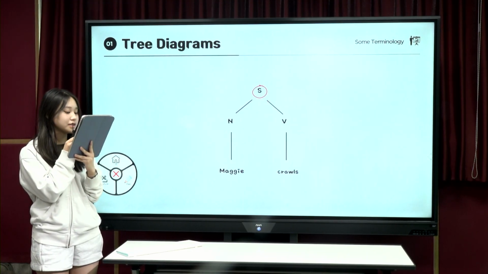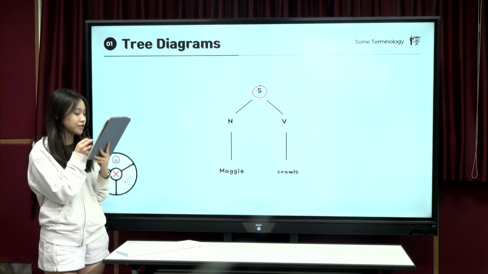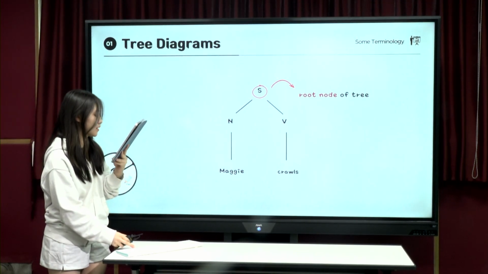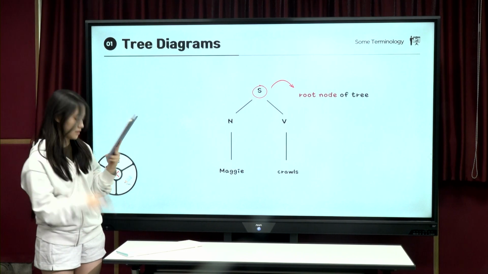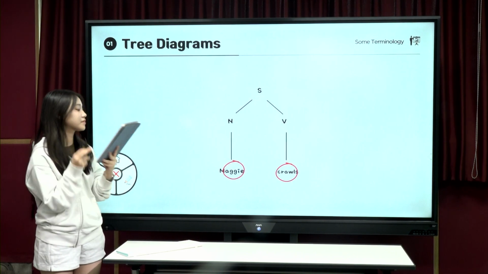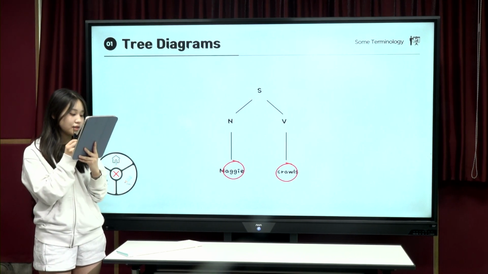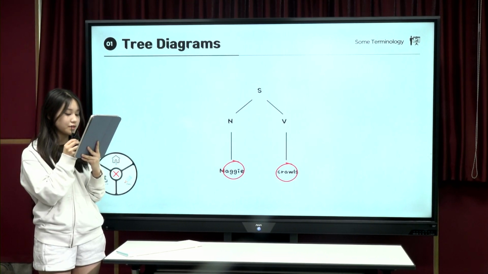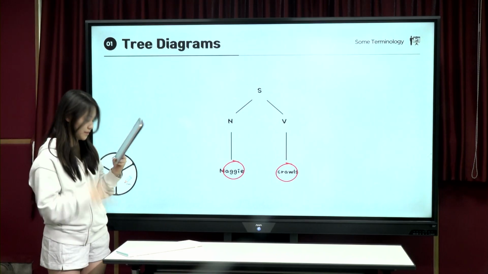And then the single node at the top is called the root node of the tree. And then the nodes at the very ends of the branches, that is the words, are called the terminal nodes or leaf nodes of the tree.